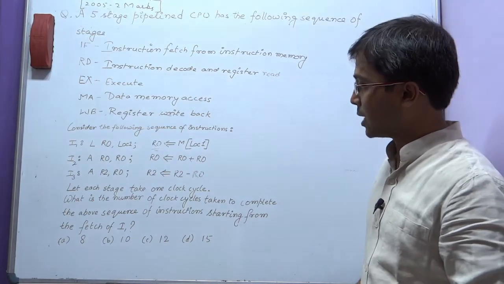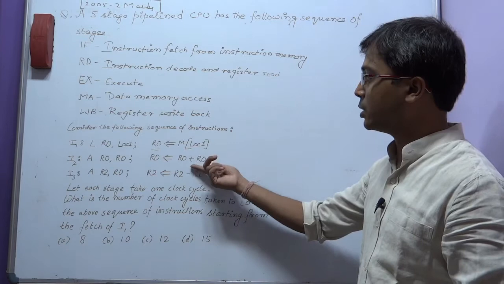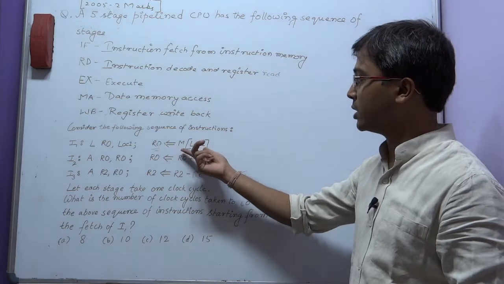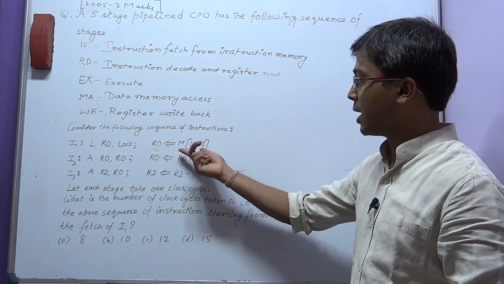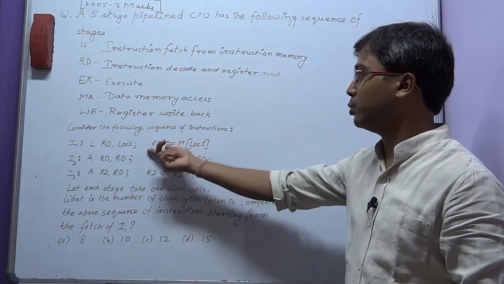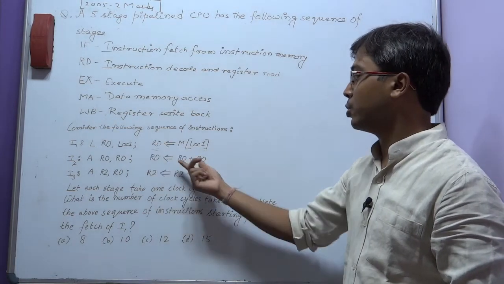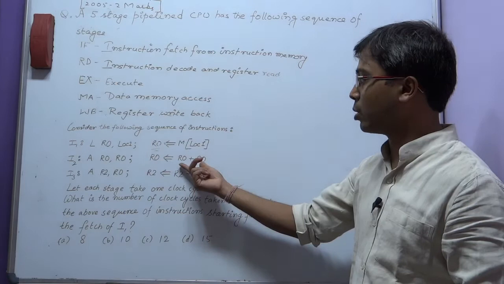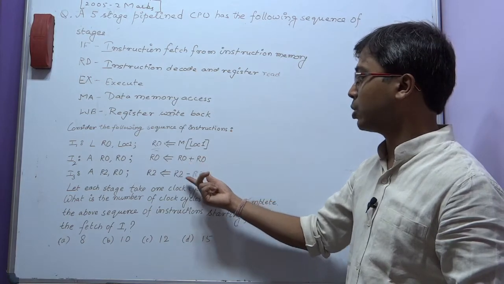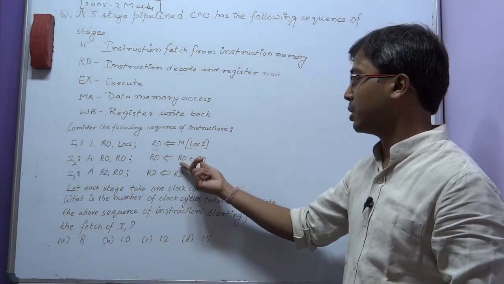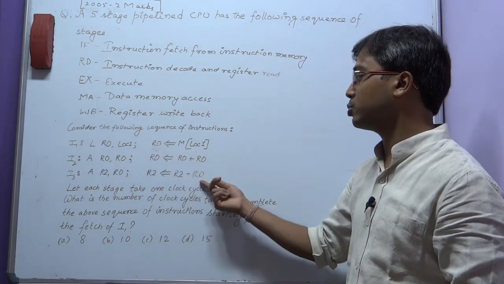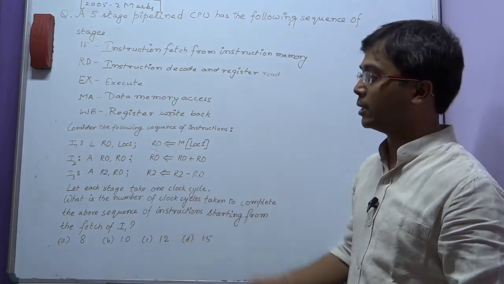So here the thing that should be noted is that instruction I2 is dependent upon instruction I1, because instruction I1 is reading the memory location LOC1 and then loading that particular value in R0, and I2 is using that new value of R0 for performing this arithmetic operation, whereas I3 is dependent upon I2 because I2 is modifying the value of R0, and that modified value of R0 is used by I3 for performing this arithmetic operation.